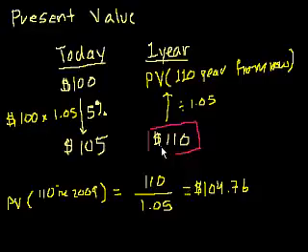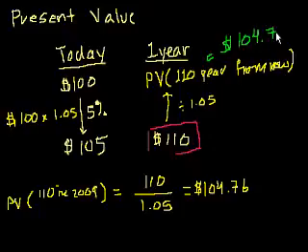So the present value of $110 a year from now, if we assume that we could invest money risk-free at 5%, if we were to get it today, the present value of that is, let me do it in a different color just to fight the monotony, the present value is equal to $104.76.